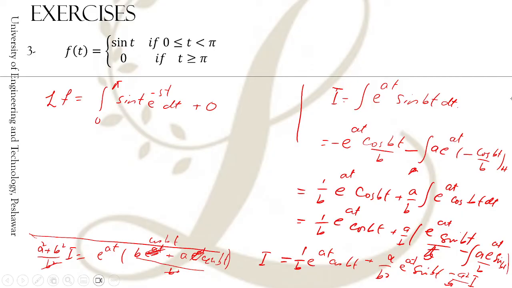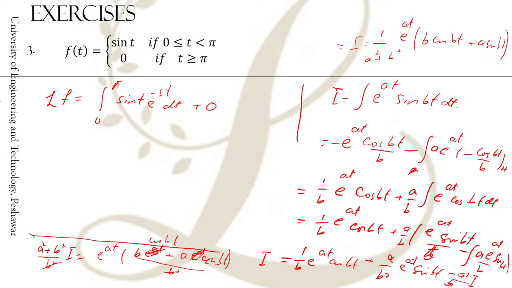So altogether, the formula for this function becomes what? I is equal to 1 over a square plus b square e power at, that is b cos bt plus a sin bt.